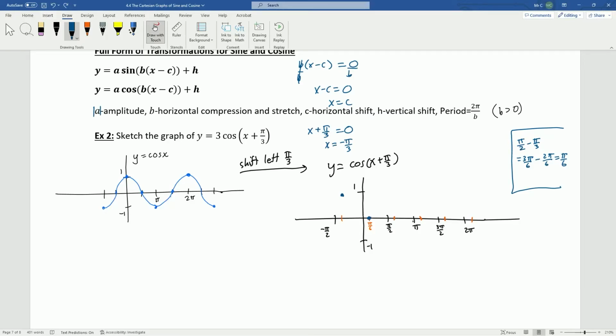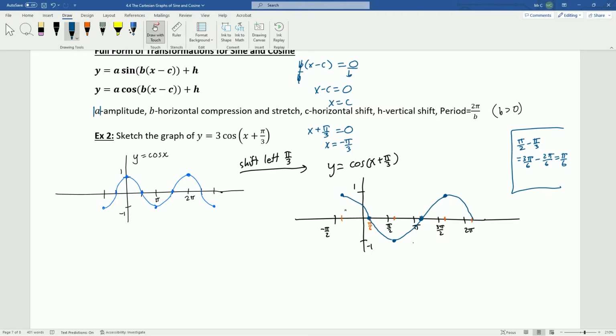All right, the one that was at pi was -1, right? Move that to the left. The one that was at 3 pi over 2 was 0, so I move that here. The one that was at 2 pi was at 1, so I move that left, and now I can connect my dots. So forth and so on.